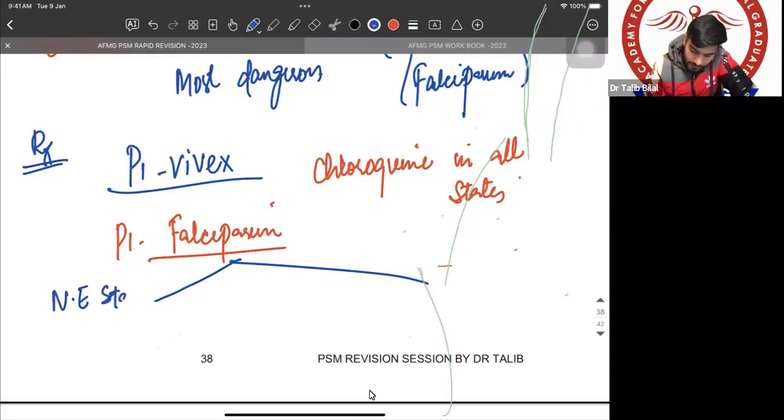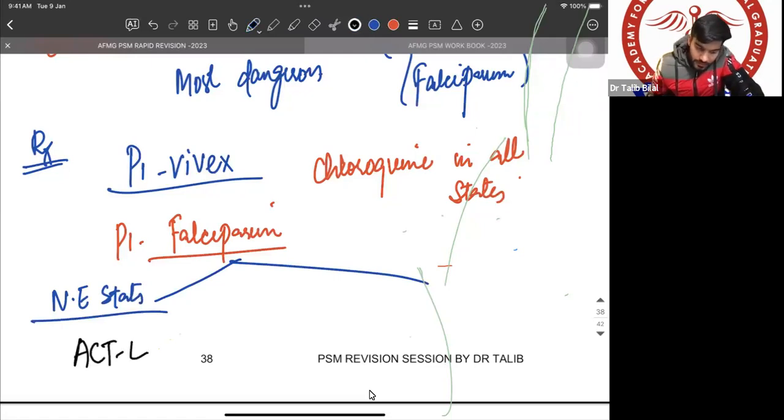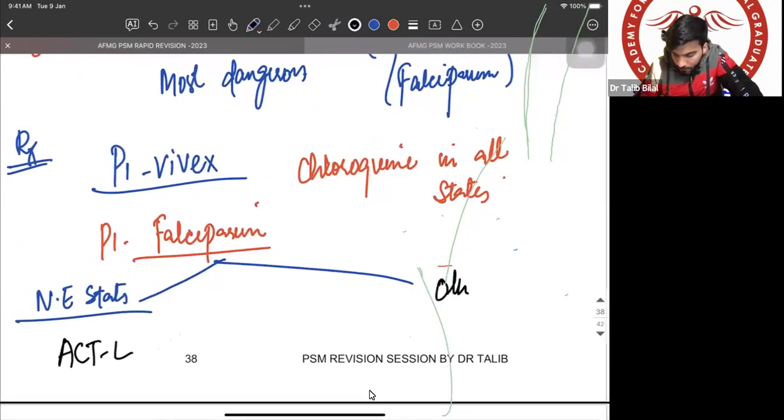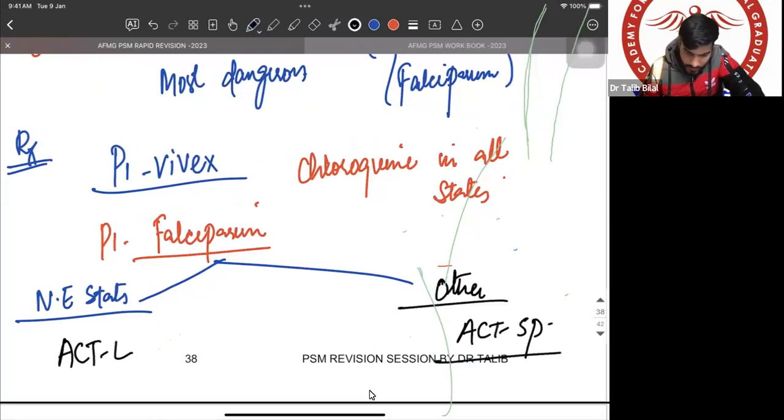In the northeastern states, you will go with ACT-L, that's artemether lumefantrine and primaquine, and in other states you will go with ACT-SP. You will add artesunate and sulfadoxine-pyrimethamine. Is that clear?